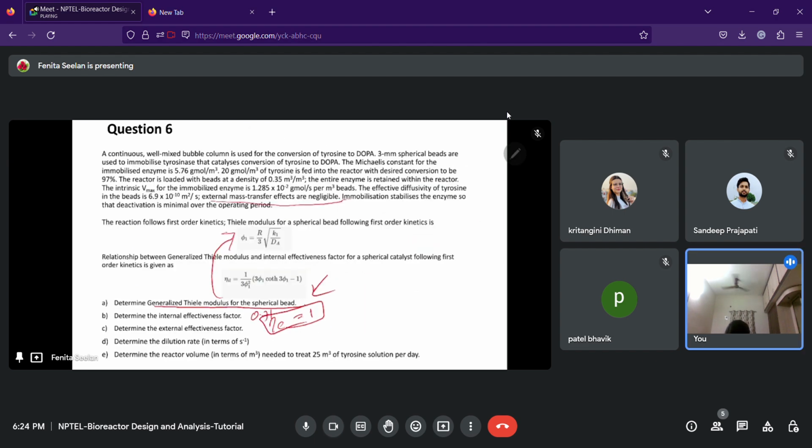So the question D is, we have to determine the dilution rate. To determine the dilution rate, what is the formula? I hope you guys remember from the initial weeks, I think maybe week 2 or 3.